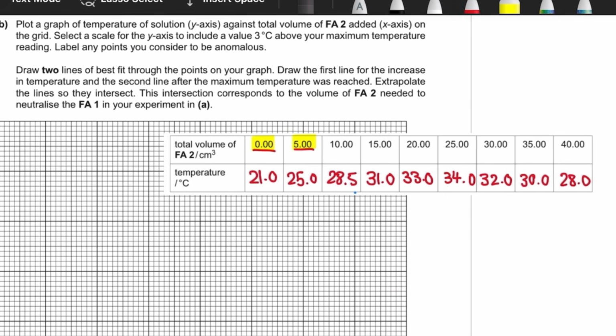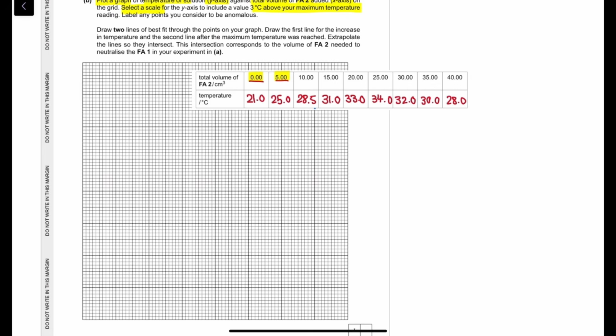So part B asks us to plot a graph of temperature on the y-axis against total volume of sulfuric acid on the x-axis. They want us to select a scale for the y-axis to include a value 3 degrees Celsius above our maximum temperature reading and label any points you consider to be anomalous.